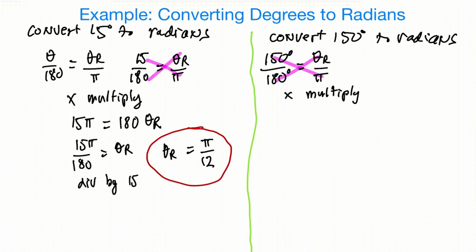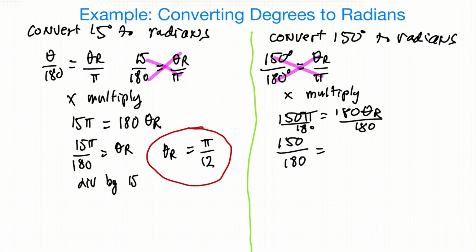And so we're going to get 150 pi is equal to 180 theta sub r. We're looking for theta sub r, so now let's divide both sides by 180. And so we're going to get 150 divided by 180 is equal to theta r.